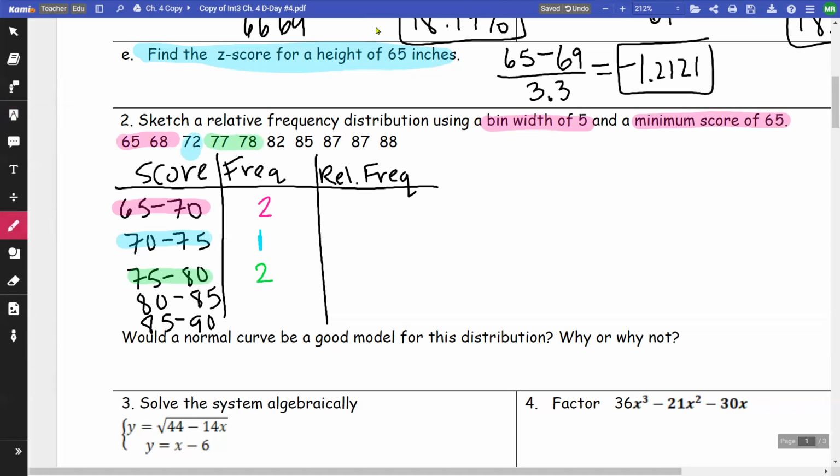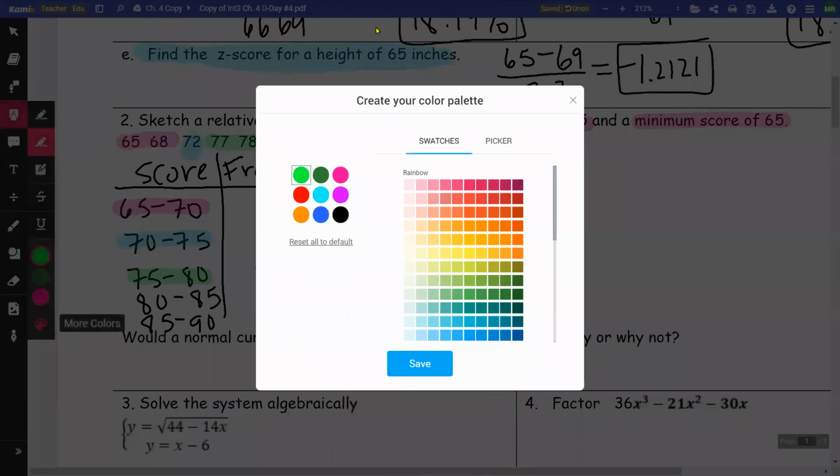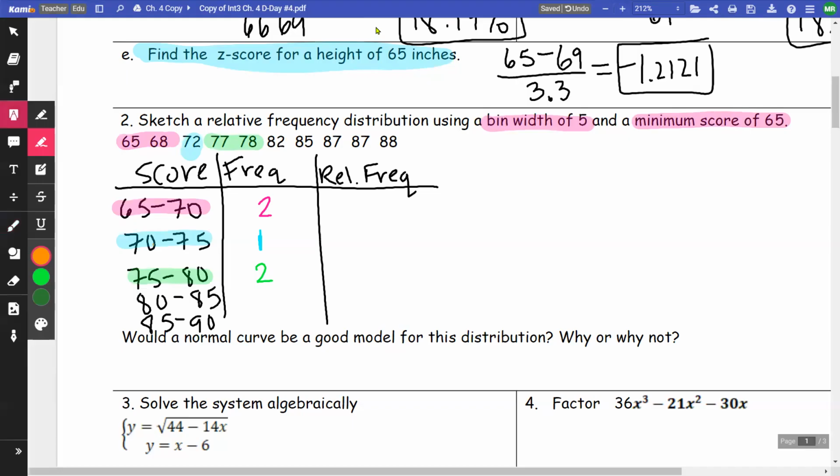From 80 to 85, that will be just the 82. So that's 1.